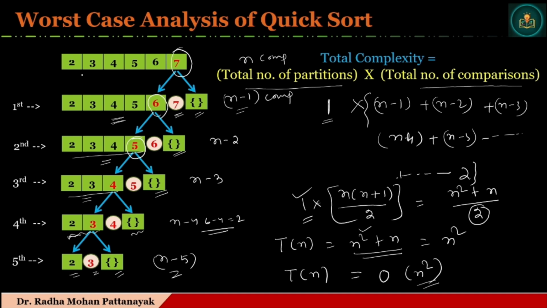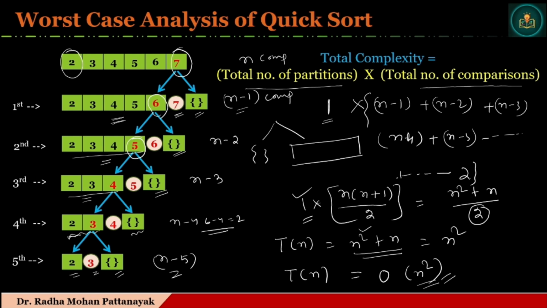For example, instead of 7, let us consider the first element as a pivot. If we consider the first element as a pivot, then what will happen? The left array will become empty and all the elements will come to the right sub-array, right? I hope you understood. So in this way, the right sub-array gradually increases. Here also, after solving, you will get the same complexity, that is n square.